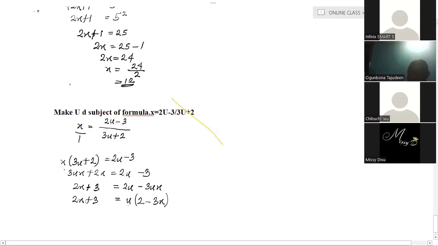Then we can divide both sides by 2 minus 3x. That is to say, u equals 2x plus 3 over 2 minus 3x. That's the final answer.